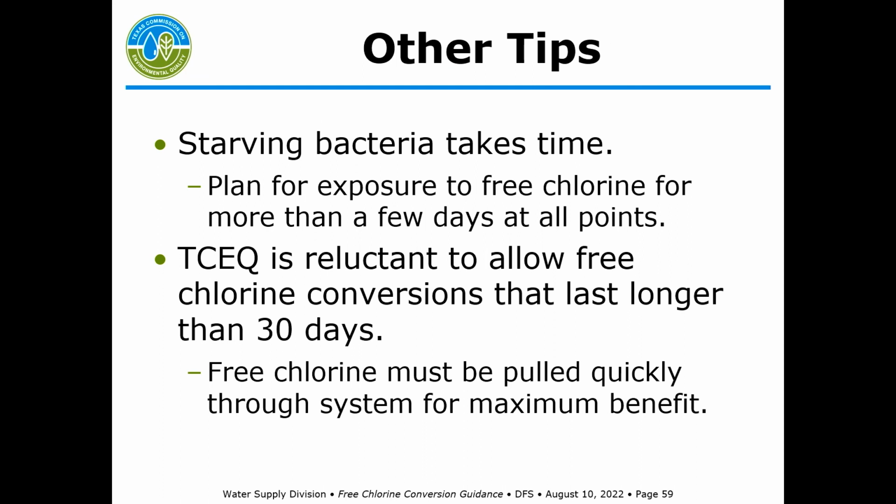So other tips for the free chlorine conversion: starving bacteria takes time. So again, just plan for more than just a few days of exposure to free chlorine throughout your entire distribution system. We're reluctant to allow free chlorine conversions that last longer than 30 days. So you need to make this as efficient as possible to get the most free chlorine exposure throughout the distribution system as you can.